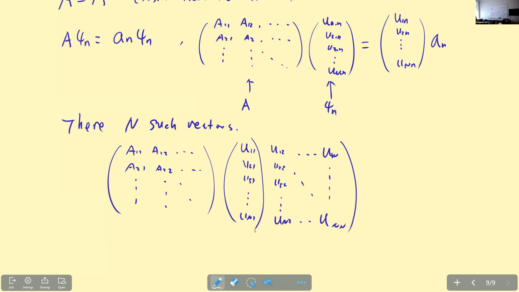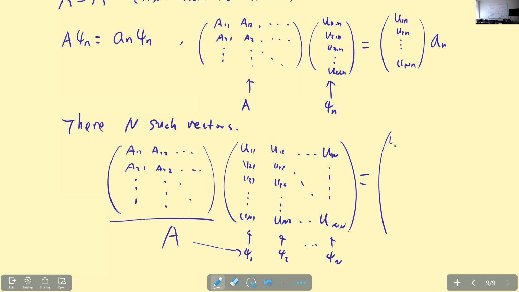So you can see that this one is psi 1, this one is psi 2, and this one is psi m. Okay, and this A matrix acting on the first one will just give you the first column U11, U21, and Un1 times a1, right?